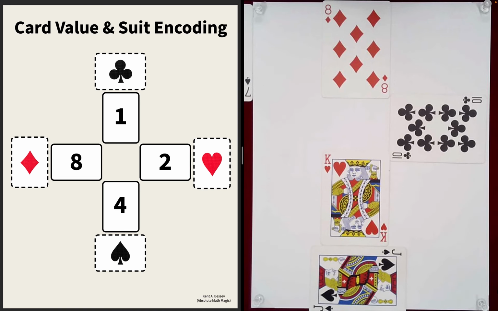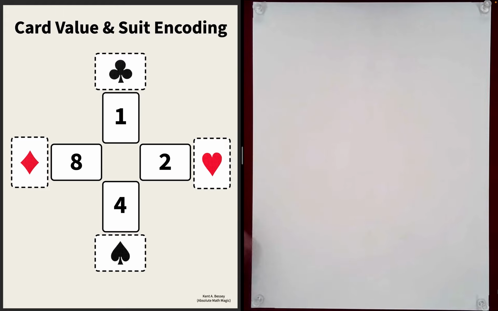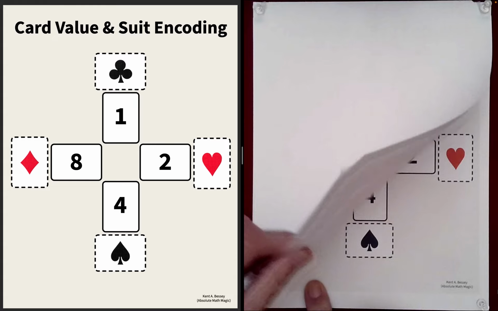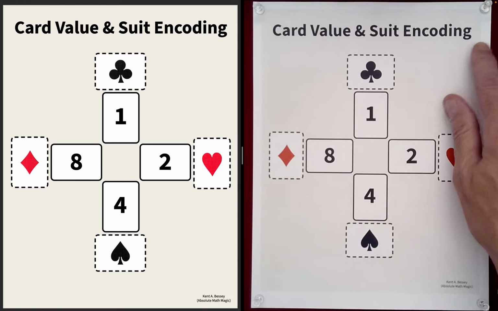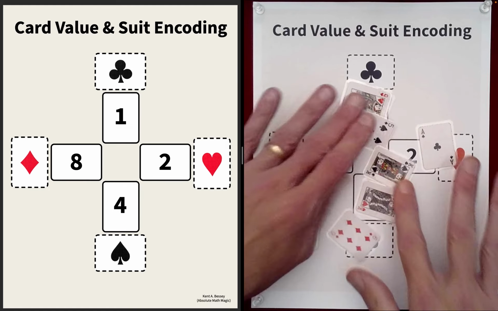So this is the kind of thing that you'll be able to do along with a trained assistant, which will not be a tall order for them to learn either. Okay, so let's go ahead and do some training here. Because of the size of the area that I'm showing, I've had to resort to miniature cards, which is fine, to illustrate this.